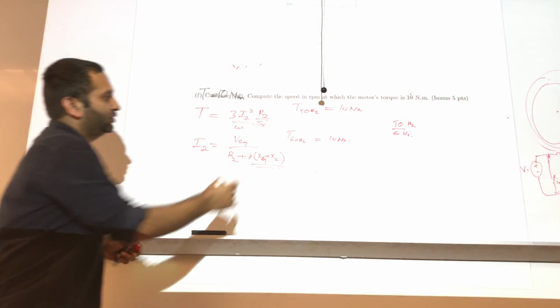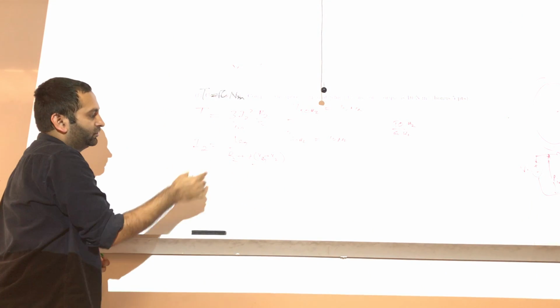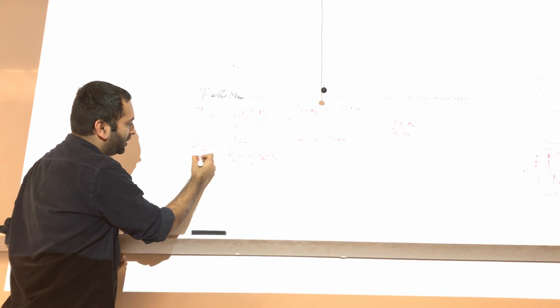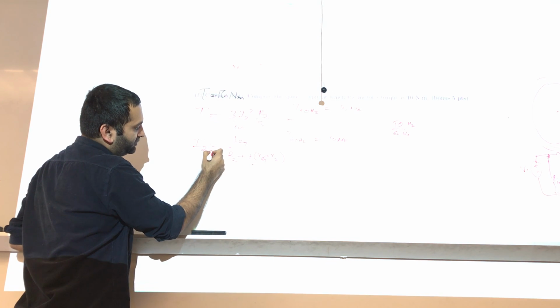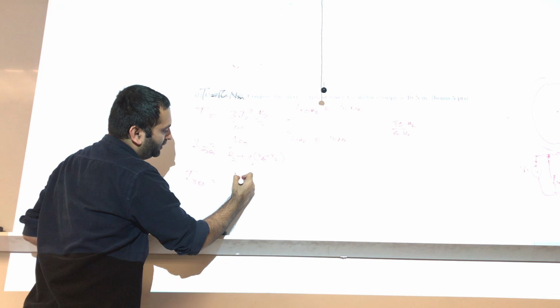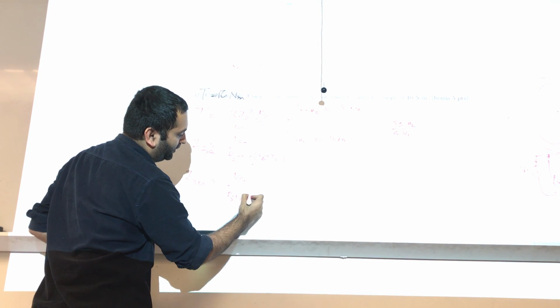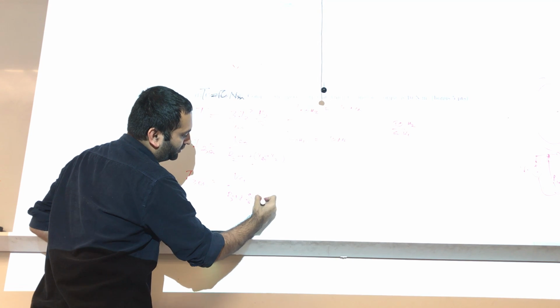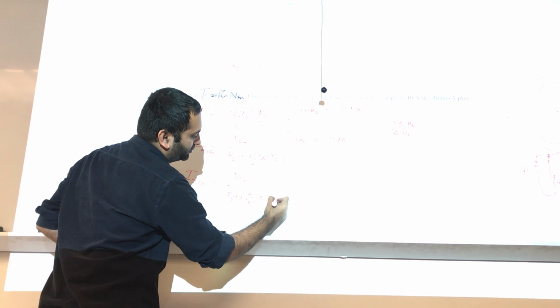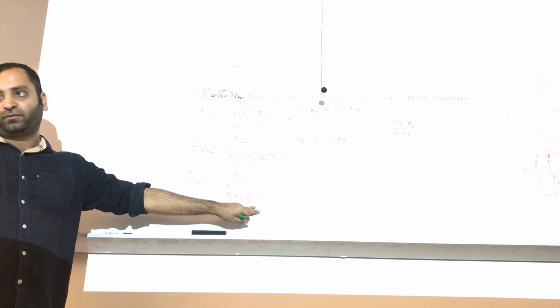So what did we do? We just find the ratio of these two and we substitute all the values. So for example, this is I2 at 60 Hz, and I2 at 50 Hz will be V equivalent over R2 plus j times 5 over 6 X equivalent plus X2. Do you understand why I wrote that here?